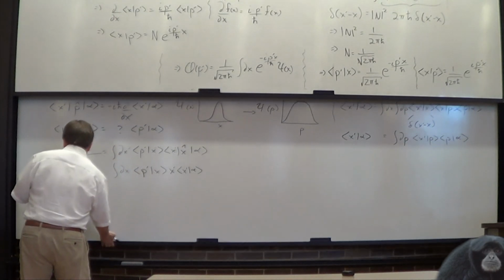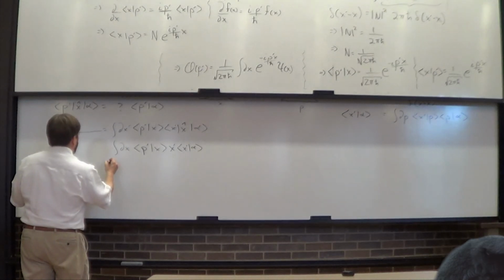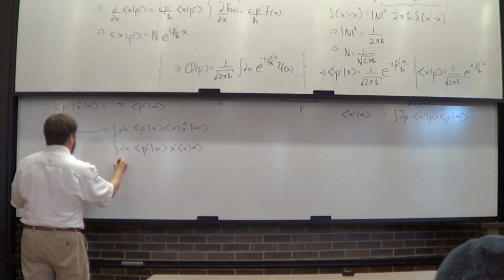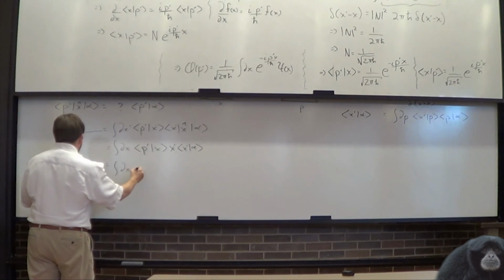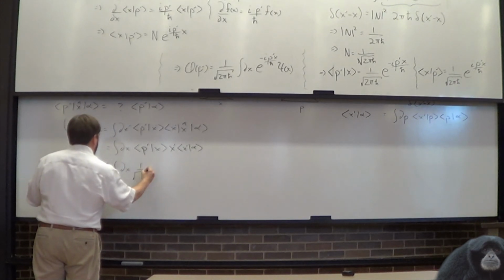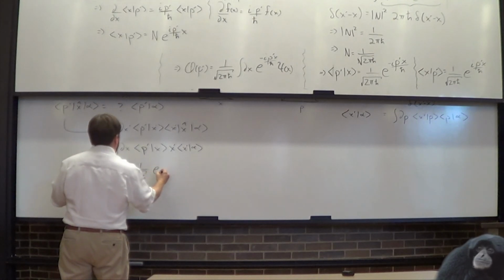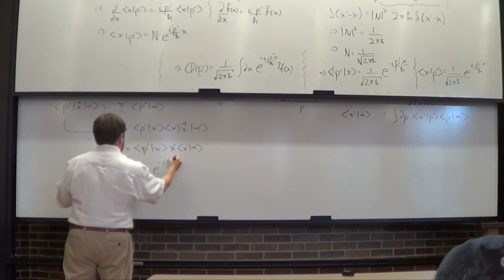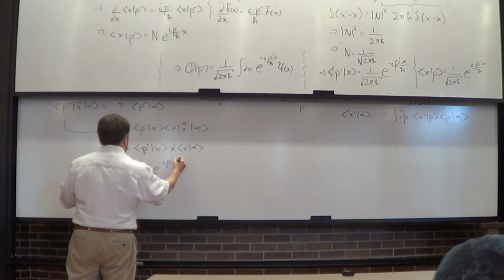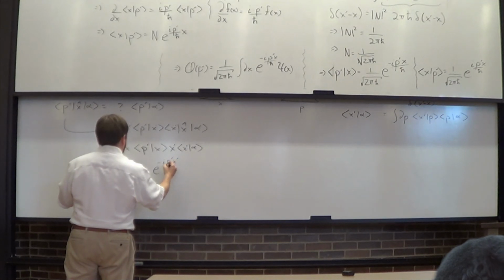Now I've got this deal, and we just talked about how to deal with that. 1 over 2 pi h bar, e to the i p prime x, gets an x.